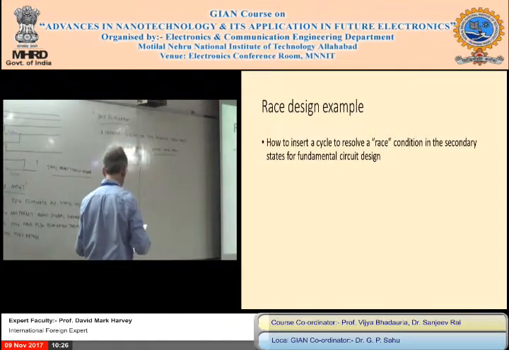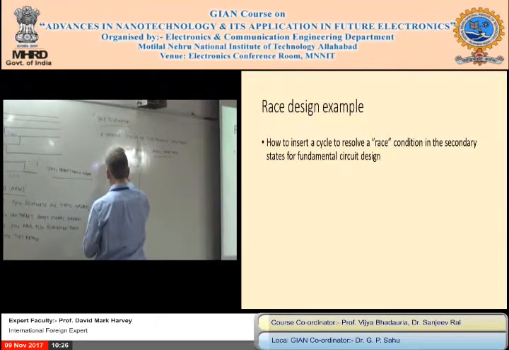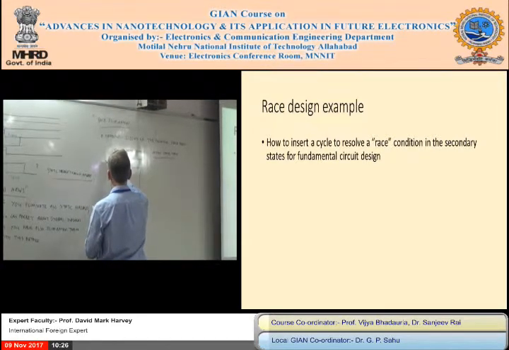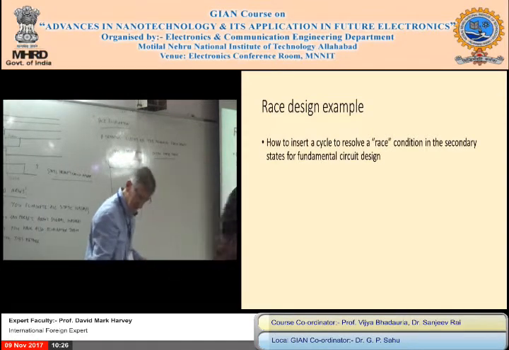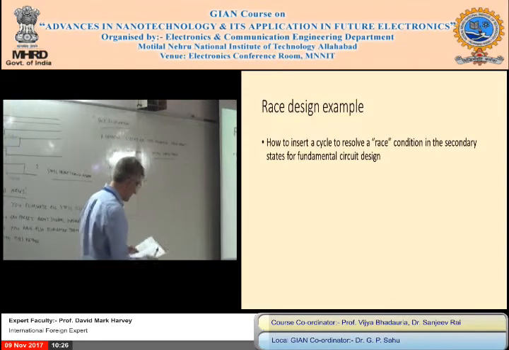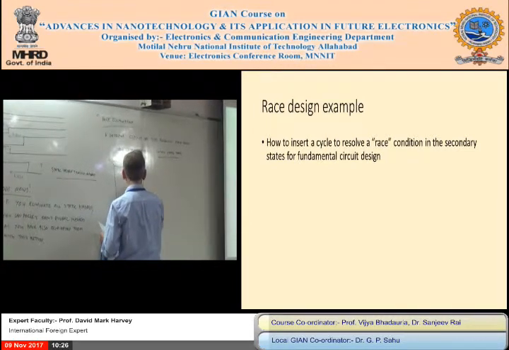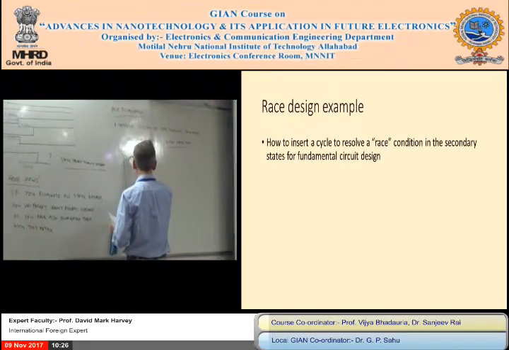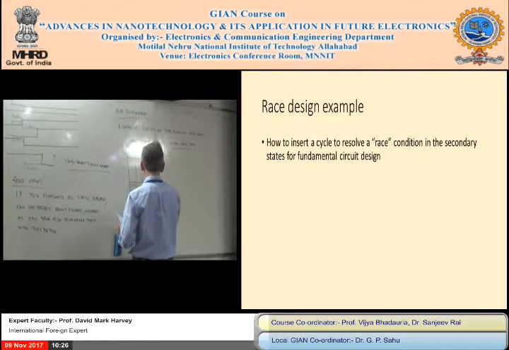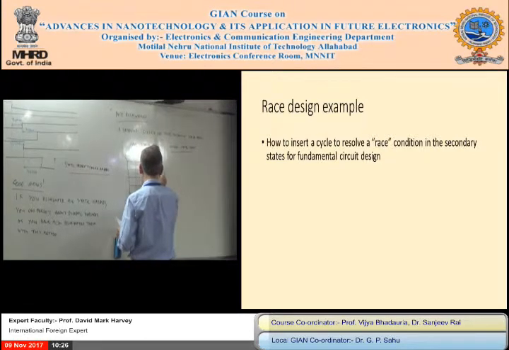So it's actually got two inputs. So we've got 4 columns. It's actually got 6 states in this design. We've got 6 rows in the table.